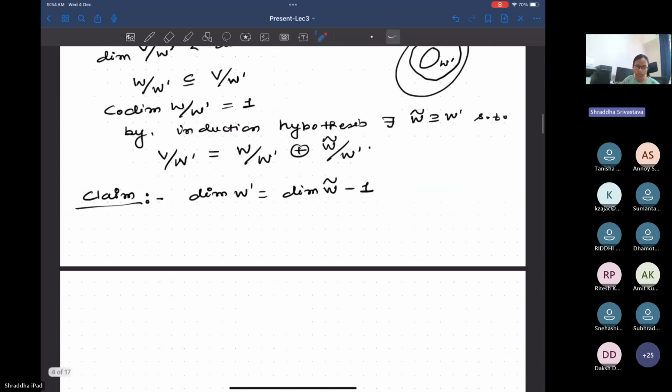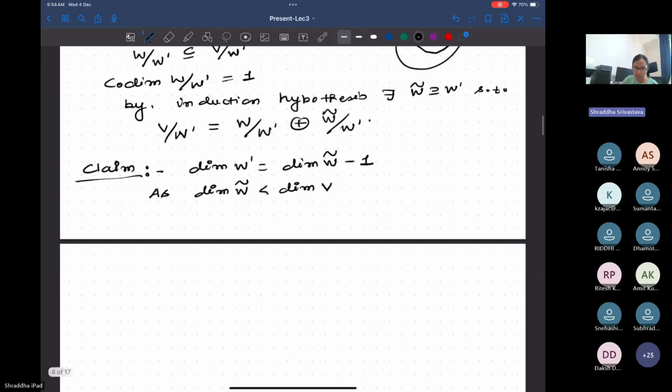So again, we can use the induction hypothesis, right? Because first of all, before using it, note that the dimension of W tilde is also strictly less than the dimension of V. And W prime is a sub-representation of W tilde of co-dimension 1.